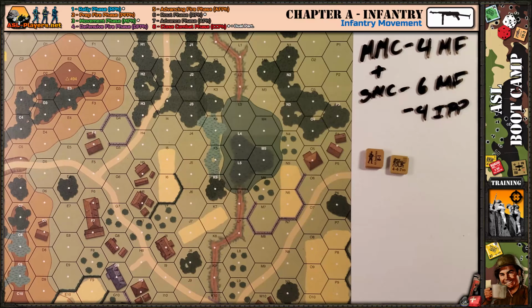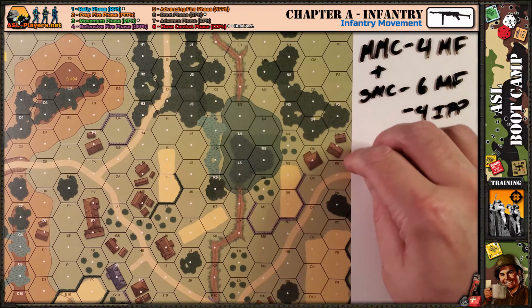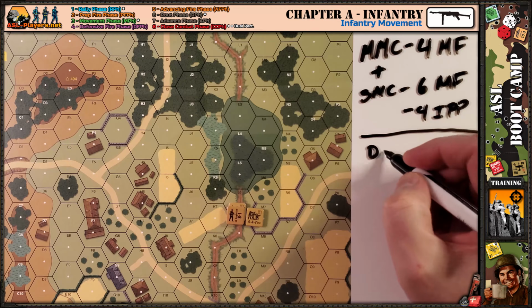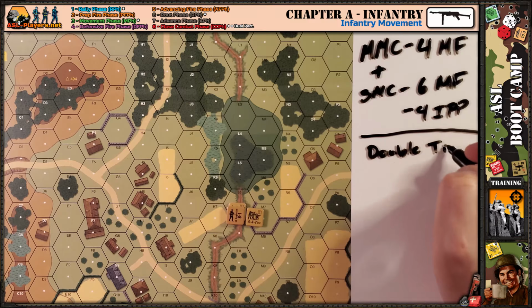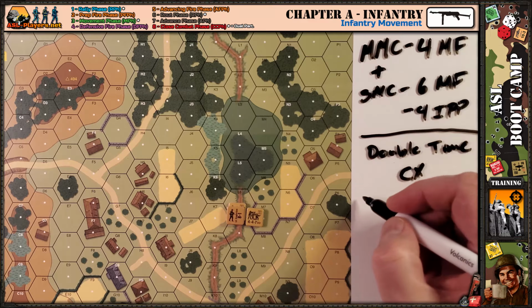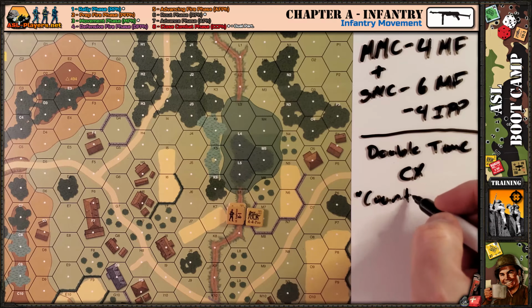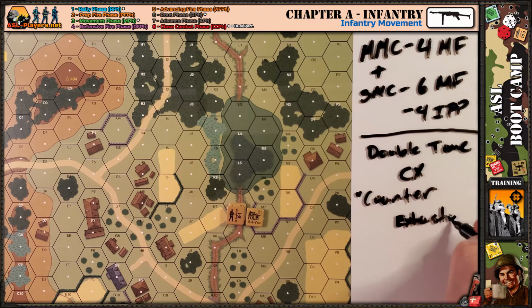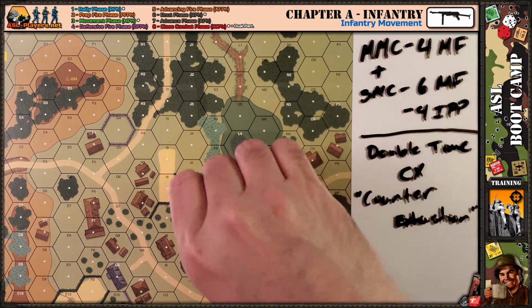Now, double time is also known as CX or counter exhaustion. Now, at the start of you moving either a unit or a stack of units, you declare double time.